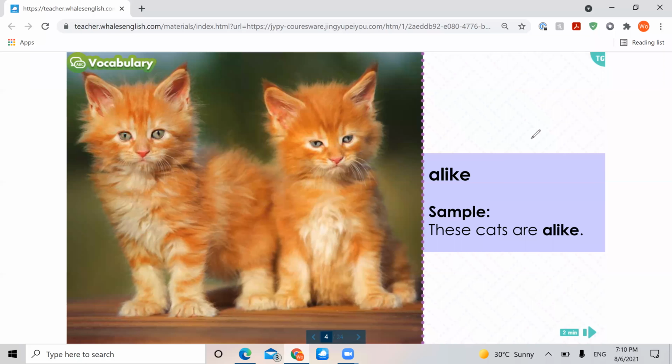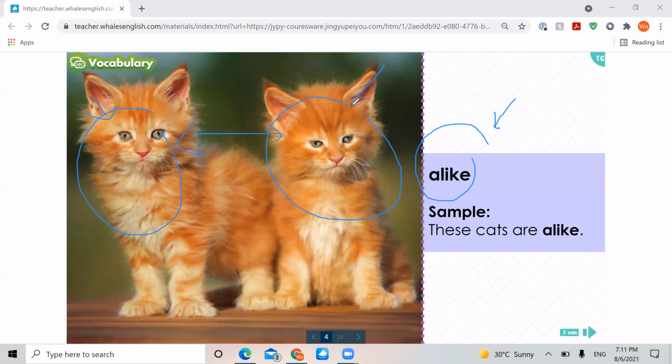Let's take our first word for today. Repeat after me. Alike. Let's say it one more time. Alike. When 2 things are alike, they look the same. What color is this cat?